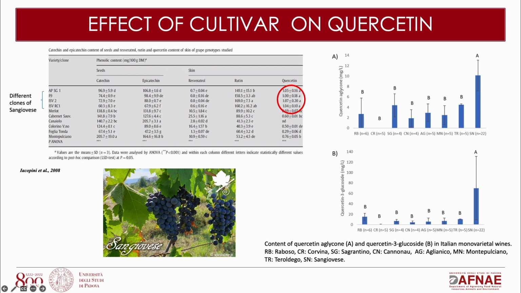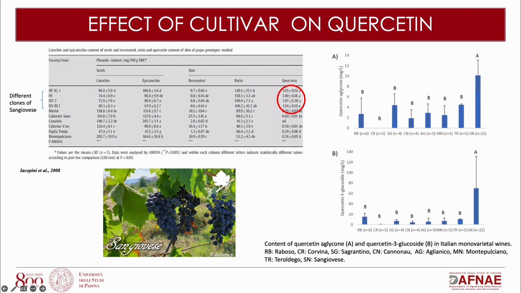Another problem is that generally the quantification of quercetin is limited to quercetin aglycone, which is not the main form present in grapes.